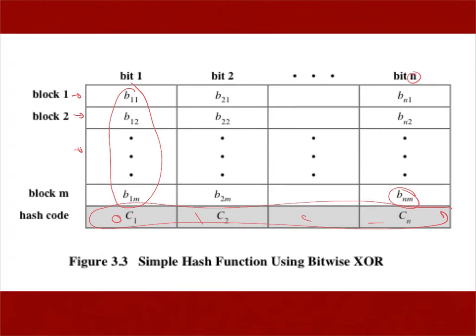Because imagine if I give you message X, you will be able to calculate the CRC very easily, right? If you change some bits, so I give you, for example, 1, 1, 0, 0. If you bring this 0 here and this 1 here, will it produce the same CRC?